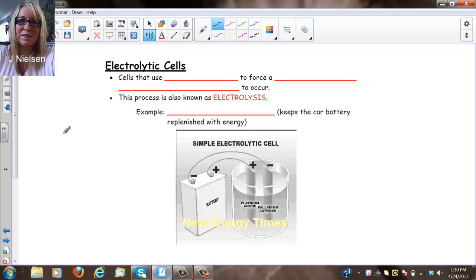Electrolytic cells are cells that use electrical energy to force a non-spontaneous reaction to occur.